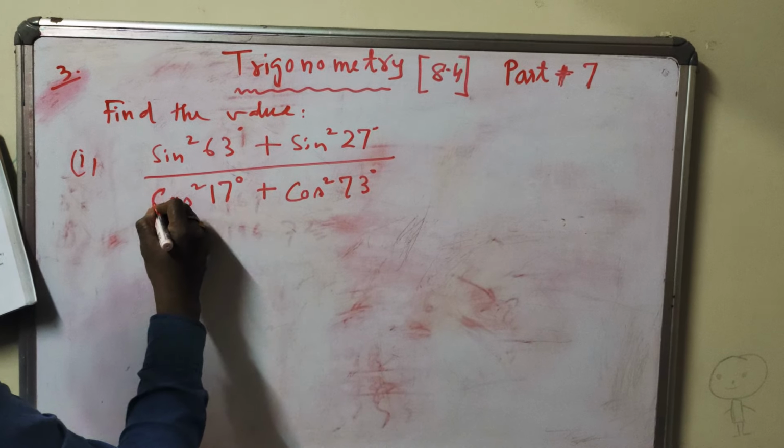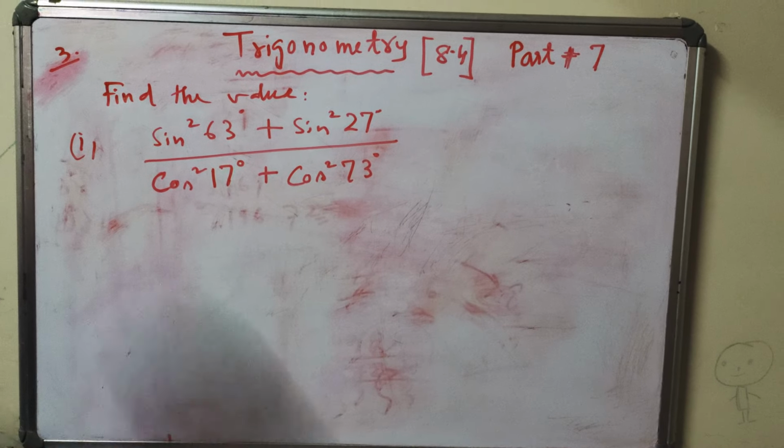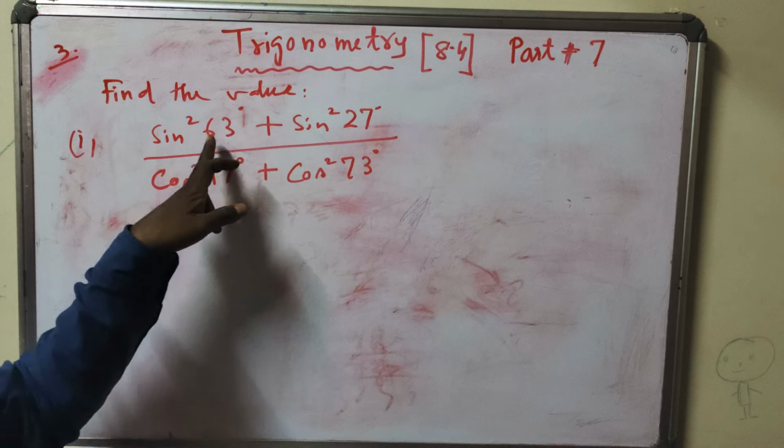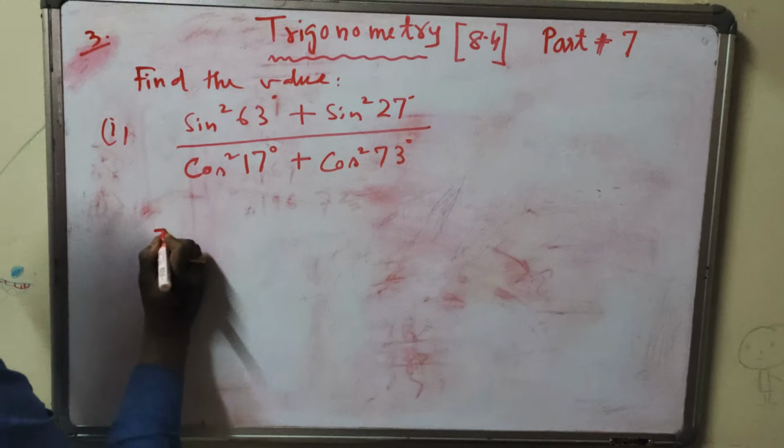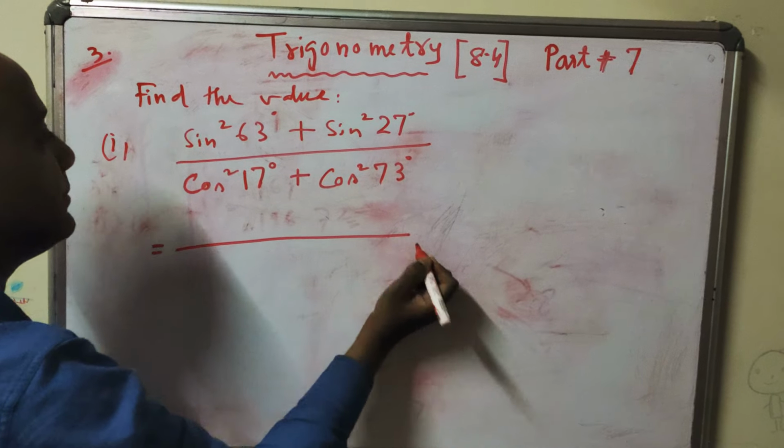Very, very important sum from 8.4. Now you see, 63 plus 27 is 90 degree. 17 plus 73 is 90 degree. Here it's the sum of complementary angles.